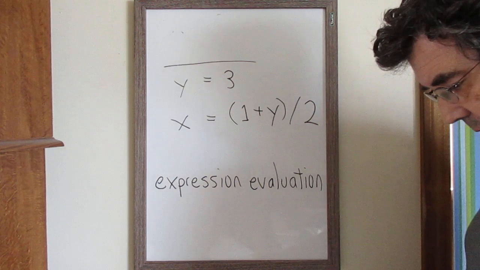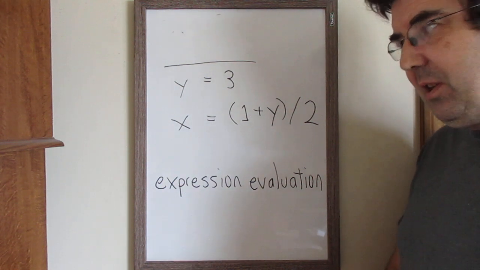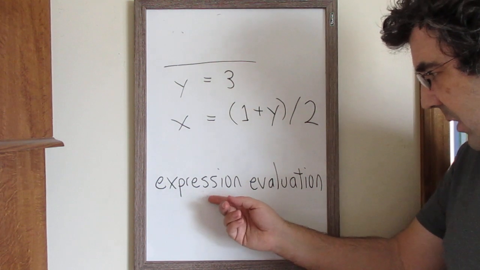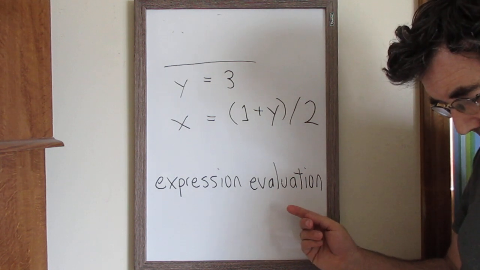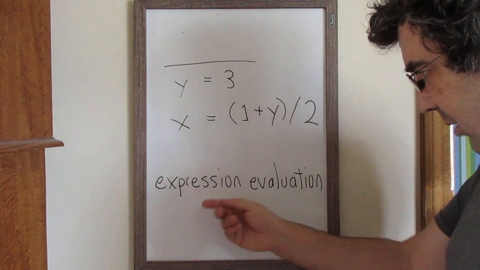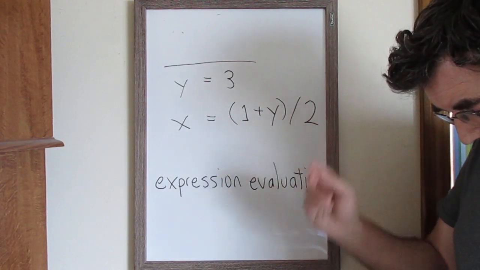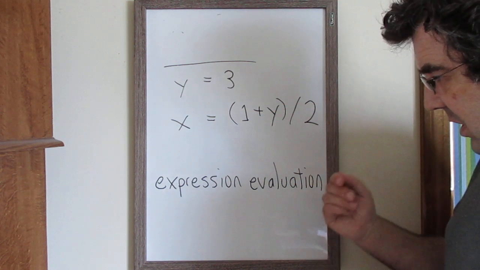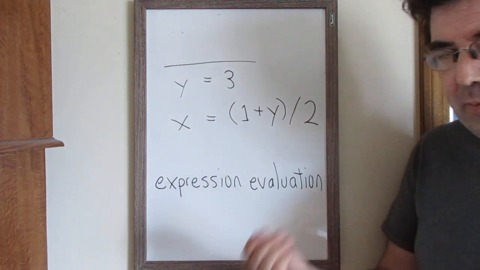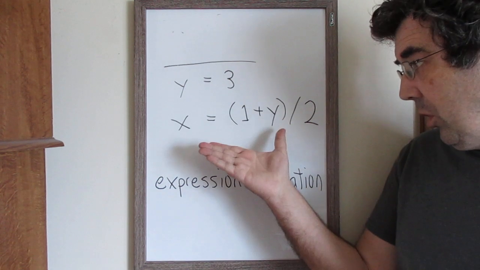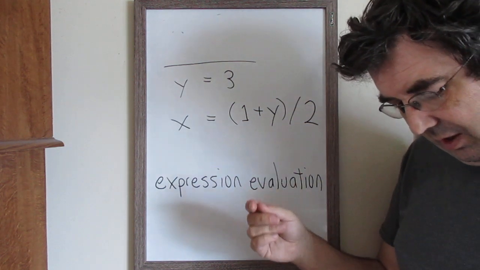So, to conclude, the subtle mechanisms by which the process of expression evaluation is executed become more important as you encounter expressions that are either more complex than this or more unusual than this.